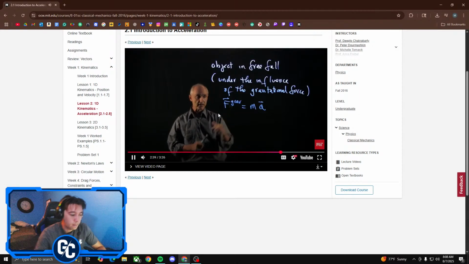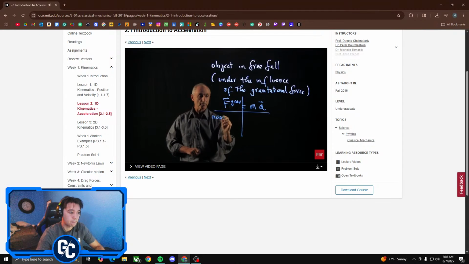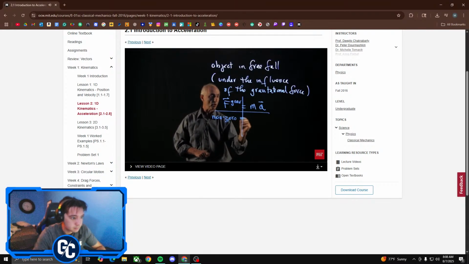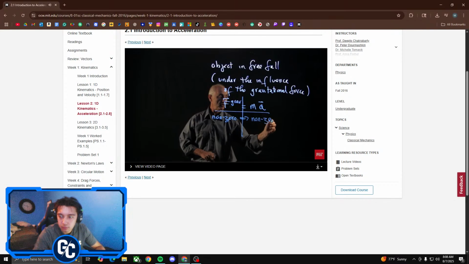This gravitational force is non-zero, and so therefore the acceleration is also non-zero.